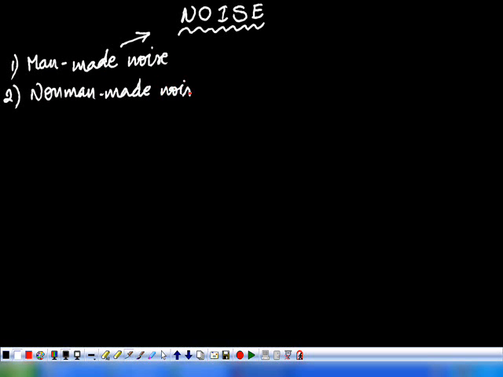The name itself indicates that man-made noise is the noise generated by the appliances that we use, or due to the contact of electric contacts, or due to electric ignition and all those things. You might have observed some noise in the television when somebody is grinding or mixing something in the kitchen. That is due to the electric switching of the motor or some appliance. Such noise is called man-made noise.